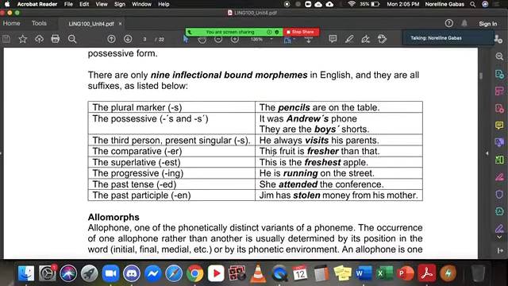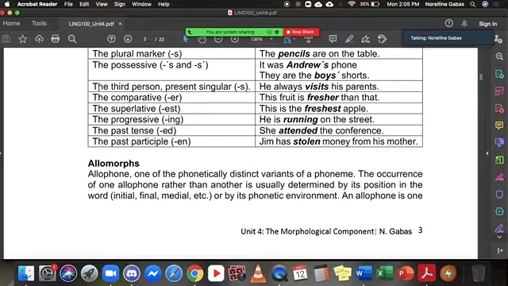Next. The third person, present tense, a present singular. He always visits his parents. Ito, yes, inflection yan. Comparative, this fruit is fresher than that. Superlative, this is the freshest apple. ING, he is running in the street. Past tense, ED, she attended the conference.